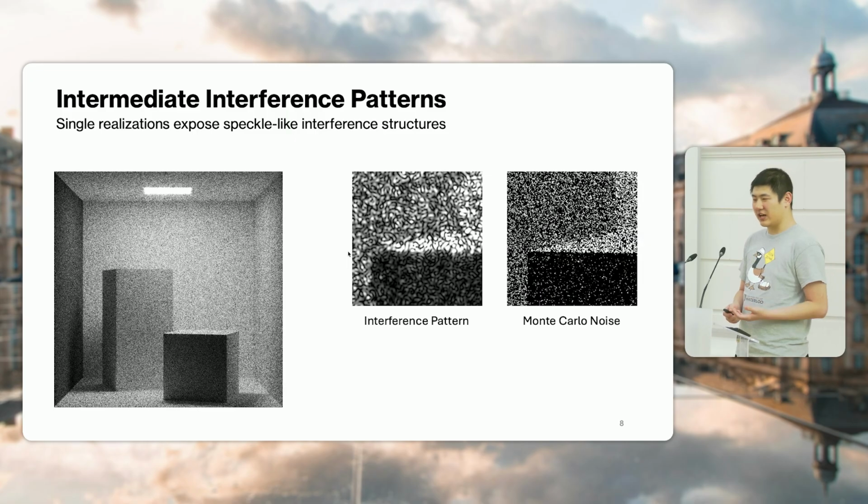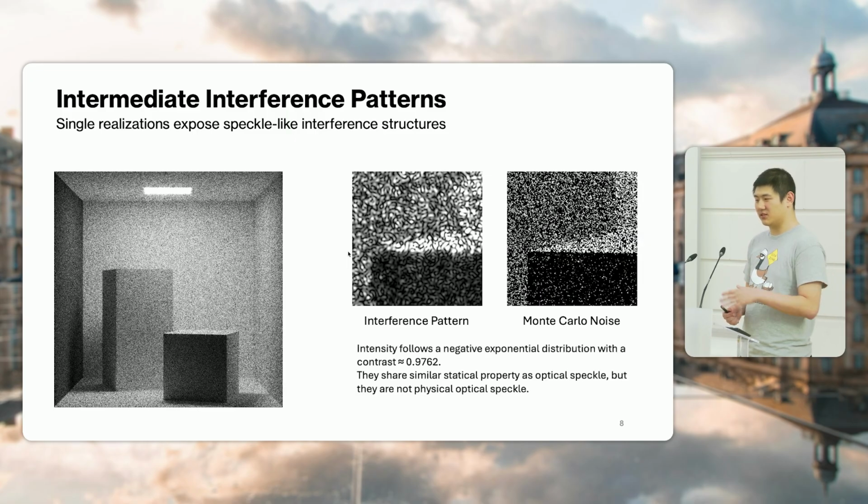We also checked the statistics of this noise in some selected region. The intensity follows a negative exponential-like profile, and the contrast is closer to 1. So this pattern shares statistical properties with optical speckles.